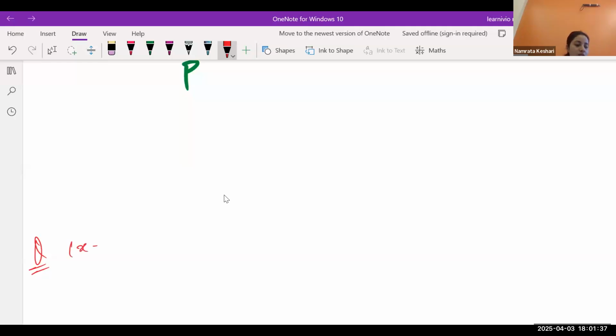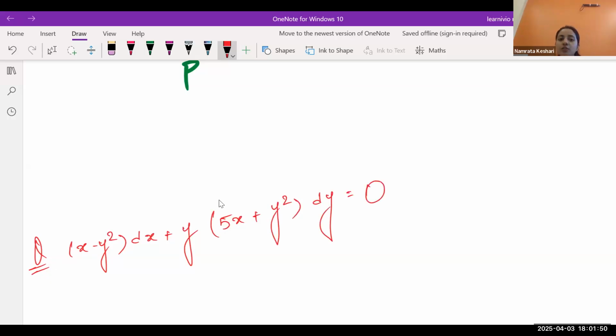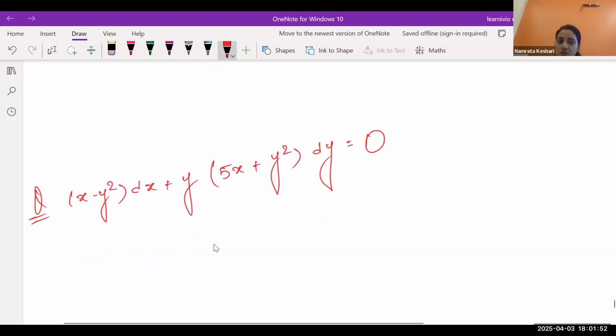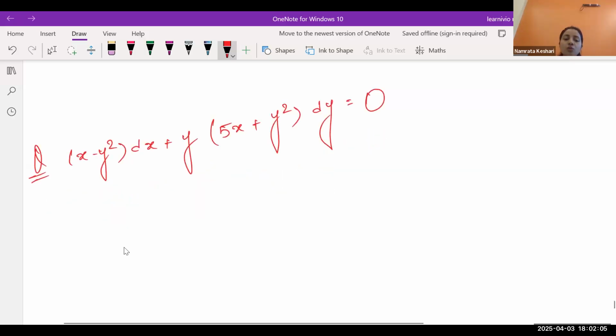We have (x minus y square) dx plus y(5x plus y square) dy is equal to 0. We have to find the solution of this differential equation. If we try arranging it, we have to check: is it variable separable, is it homogeneous, is it linear, or what. Let's check it.